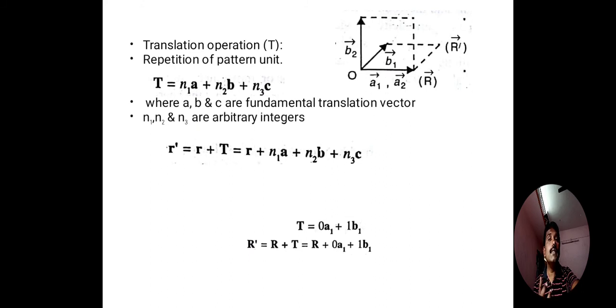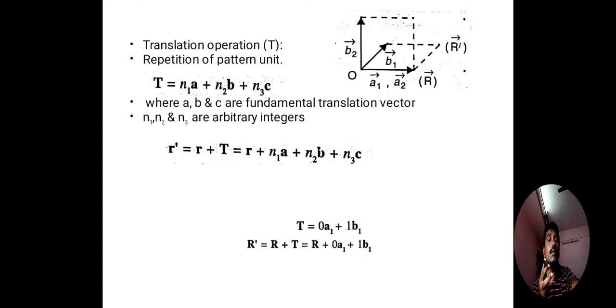And what is T? T is the translation, n1a plus n2b plus n3c. These are the three vectors: when I am defining any point in space, I need three vectors for the three dimensional case, that is the x, y and z axes.